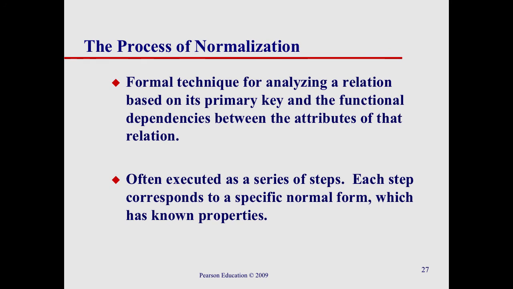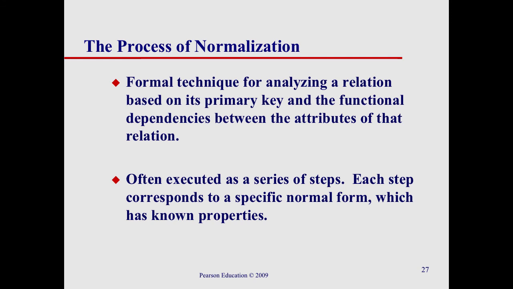So then the process of normalization is a series of steps where we first need to identify our functional dependency. Well, actually, we first identify something we call the universal relation. Basically, we put all of our attributes into one huge relation. Then the second step, we identified the functional dependencies.